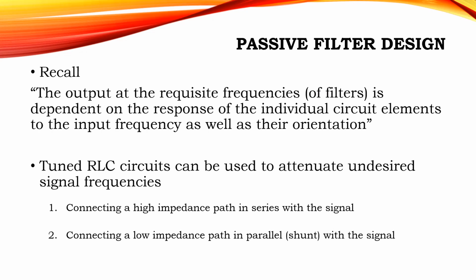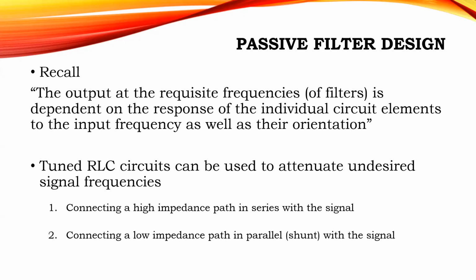One, the individual circuit elements, whether we're dealing with capacitor, inductor, or whatever combination. The specific elements within the circuit are important. That will determine the output. And of course, the orientation, meaning how we connect them, whether they are in parallel to the input, in series with the input, you name it.